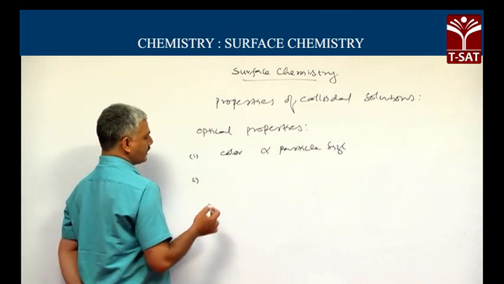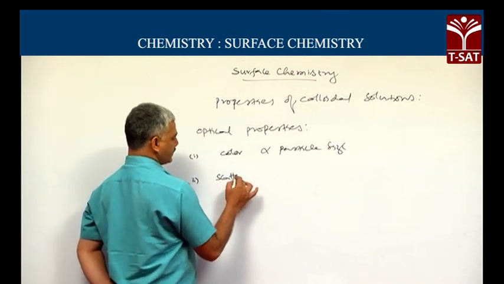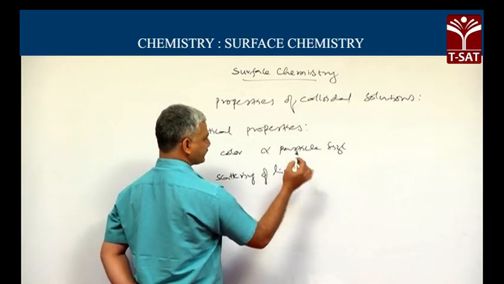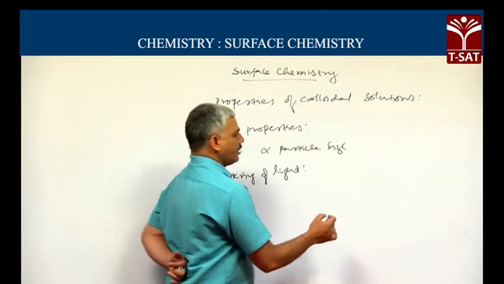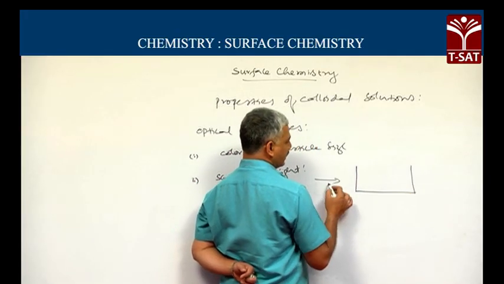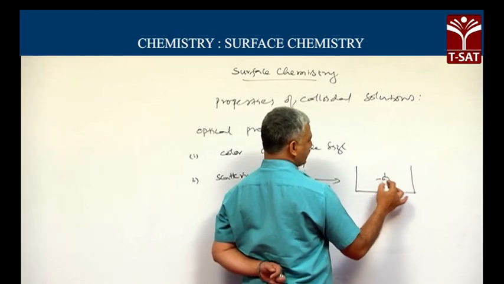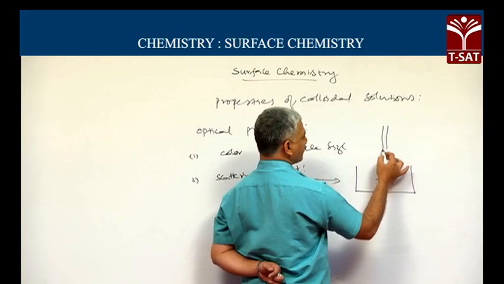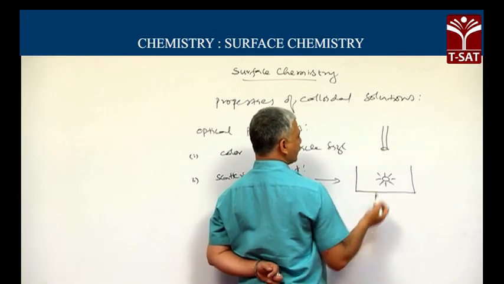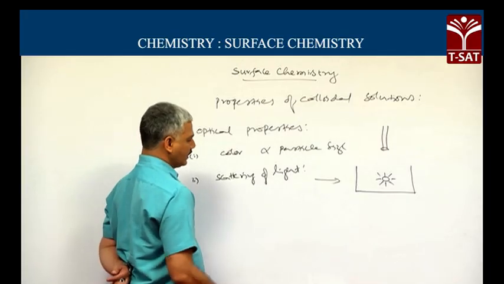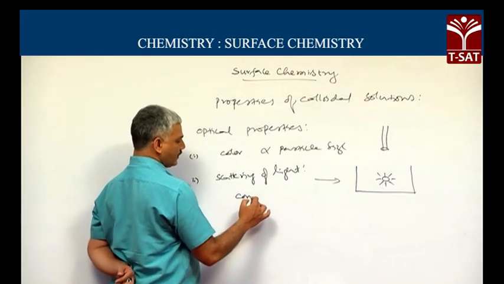Another optical property associated with colloidal solutions is scattering of light. When light is passed through a colloidal solution and is observed in perpendicular direction, the scattered light is visible in the form of cones.